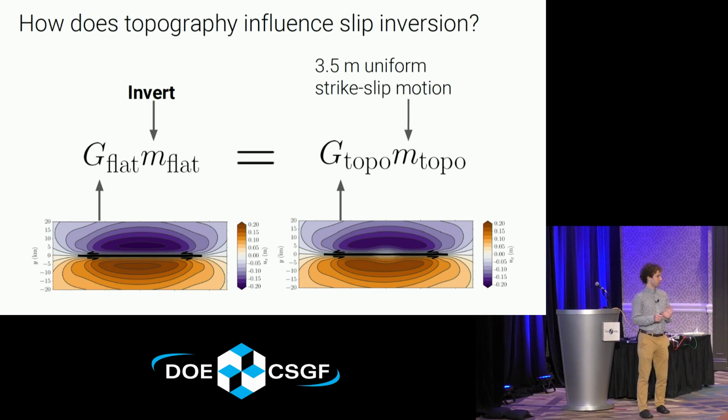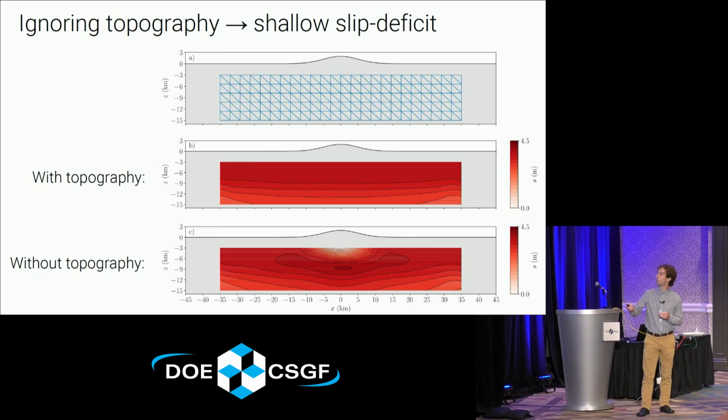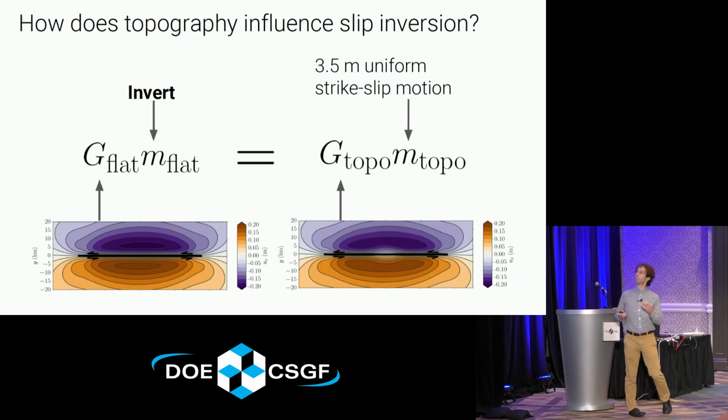So I'm going to start with a really simple kind of synthetic inverse problem, asking, I'll flip ahead really quick, if we add this hill above a fault, this is cross-section now, so this is depth and then along the fault. If we add this hill above the fault, how does it affect a synthetic inversion?